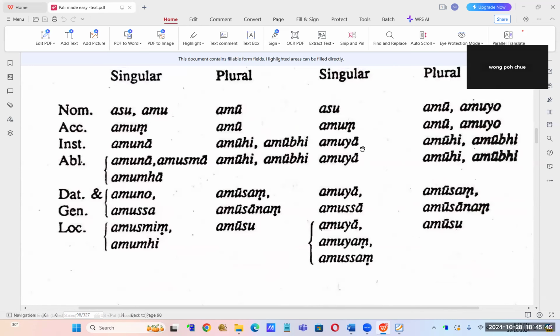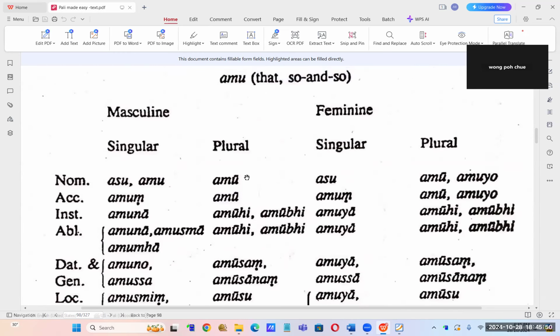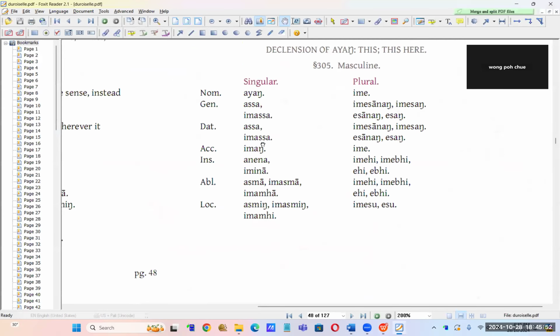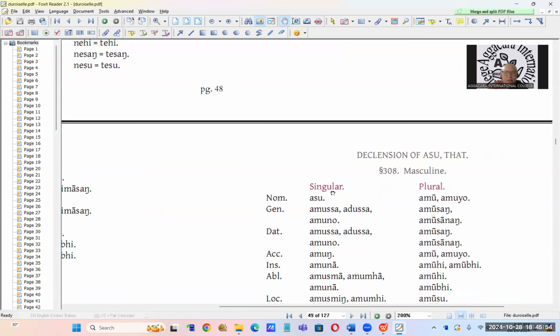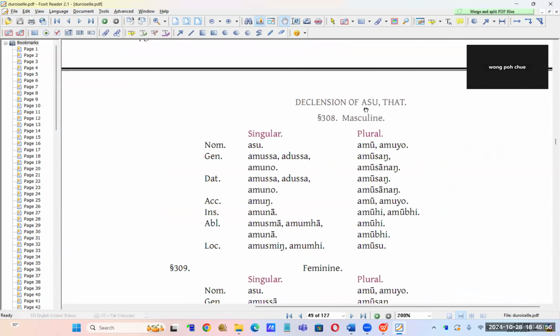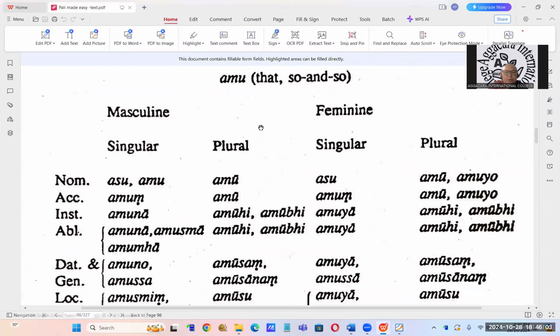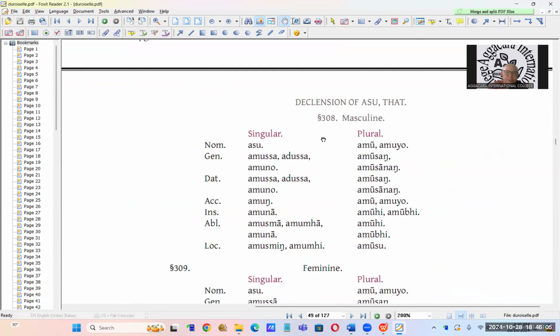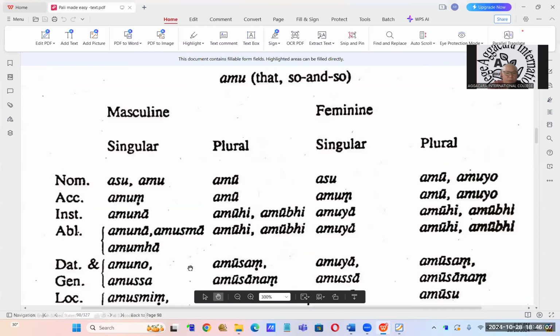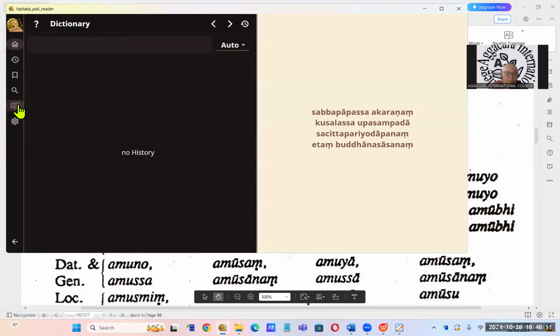Actually, amu is considered the stem, the noun stem, or the pronoun stem. Like the Duracell, ayam is a stem; here it is asu. The Duracell put asu here. So this means it's either amu or asu, two of them. We refer to this as the stem.